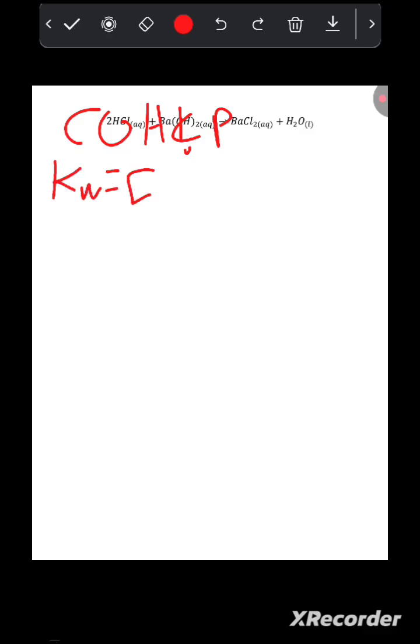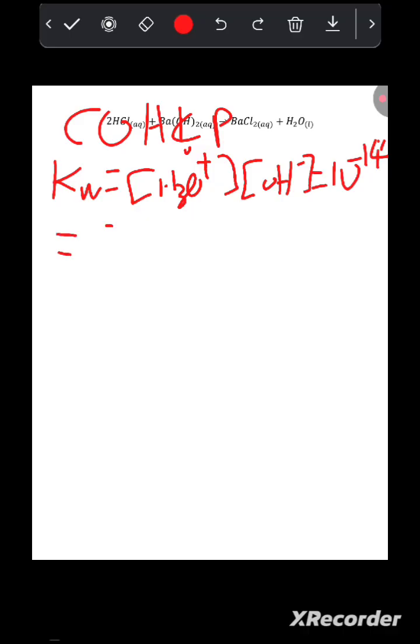Kw is equal to the concentration of hydronium ions multiplied by the concentration of OH minus, which is equal to 10 to the power negative 14. This is equal to the concentration of hydronium ions times 0.4111.